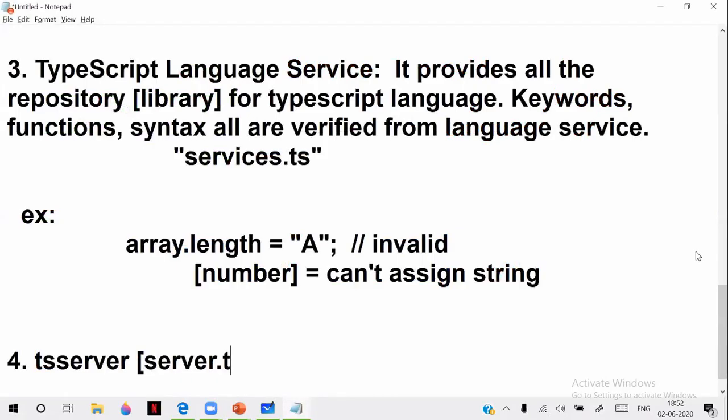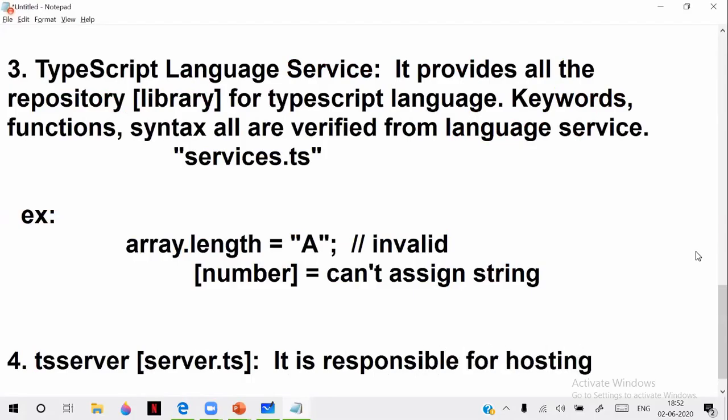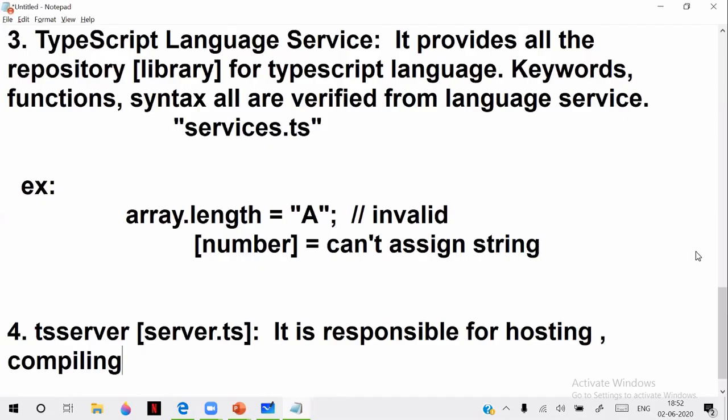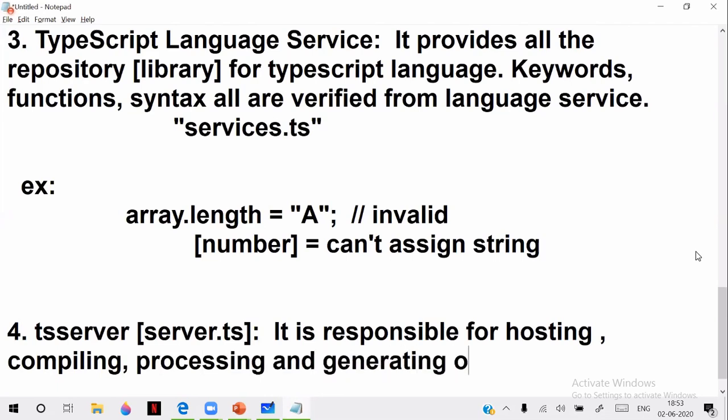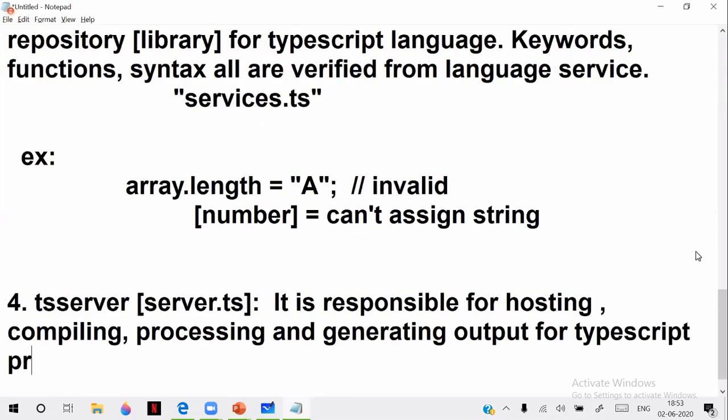That means it is responsible for hosting, compiling, processing, and generating output for TypeScript programs.